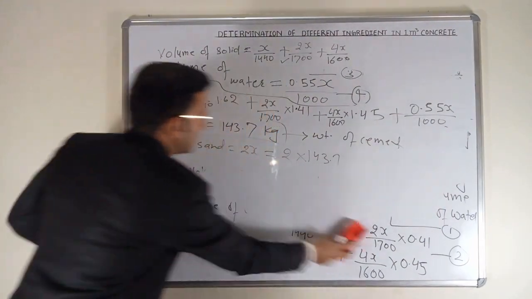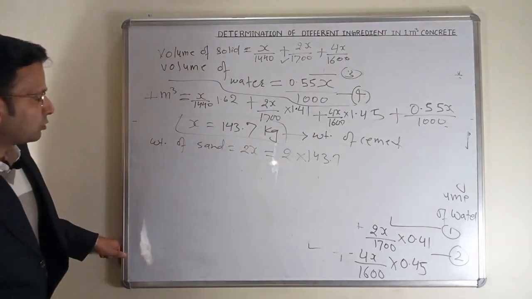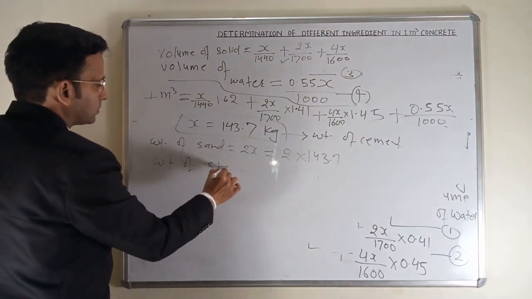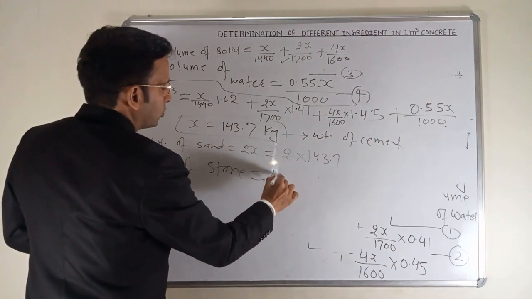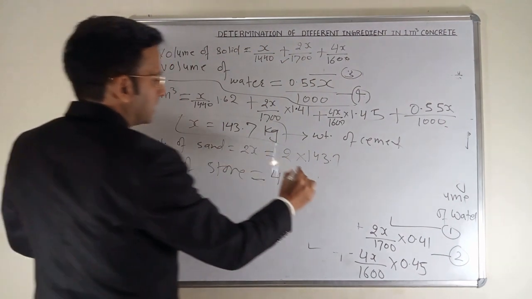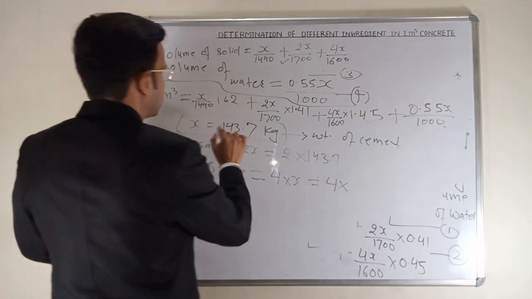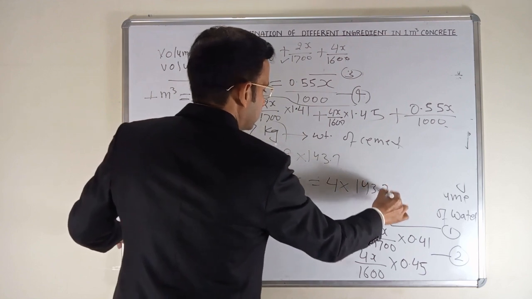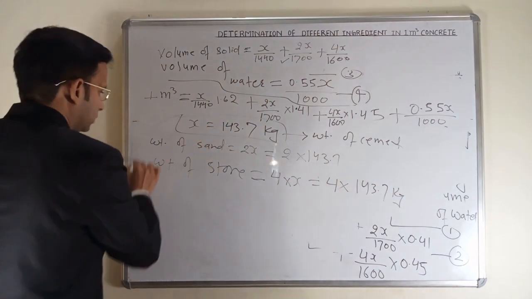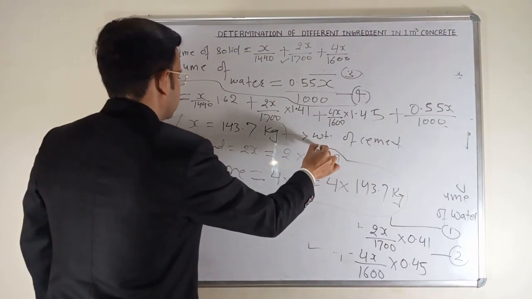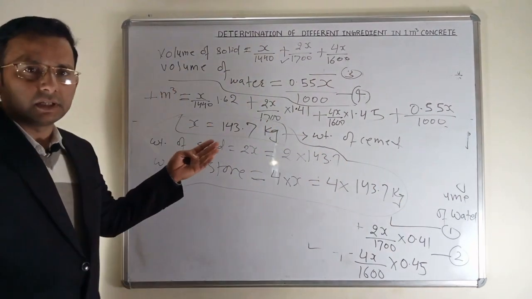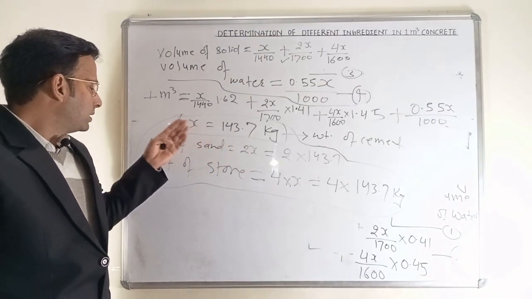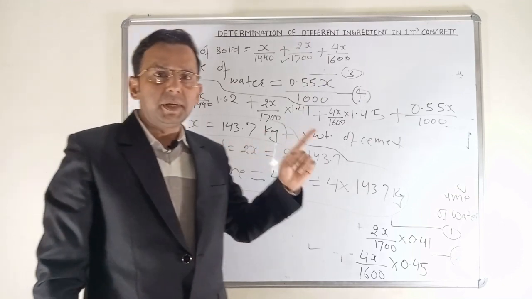And similarly, because the ratio is 1, 2 and 4, the weight of stone is equal to 4 times x, that is 4 times the weight of cement, 143.7 kg. So these will be the values of weight of cement, sand and stone for 1 meter cube concrete.